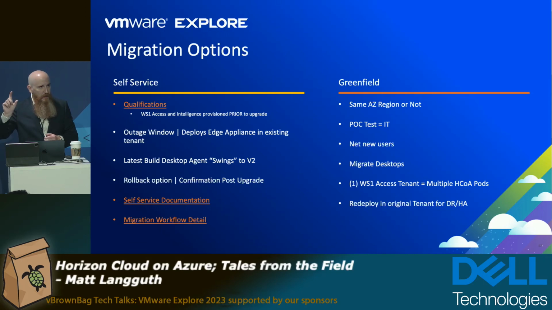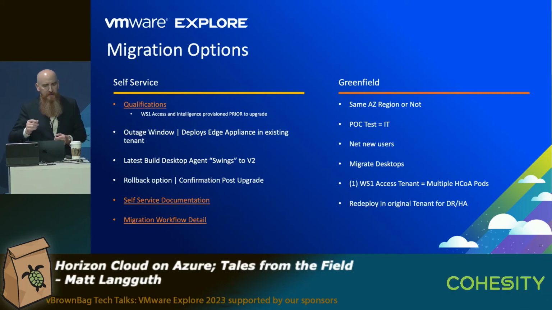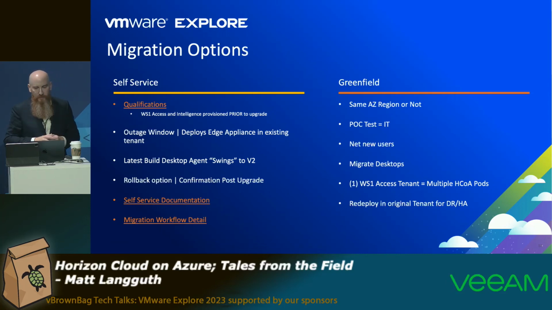The agents automatically swing between version 1 and version 2. And the last step of the process is a confirmation. So you're allowed to check to make sure that the deployment is okay, and if it's not, you can roll back to V1. That documentation is linked below, as well as the workflow detail.